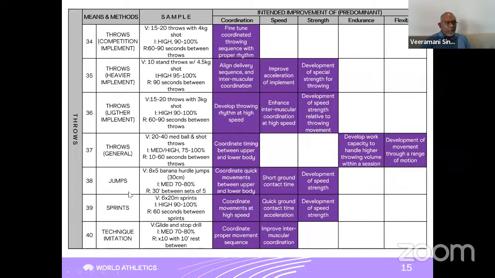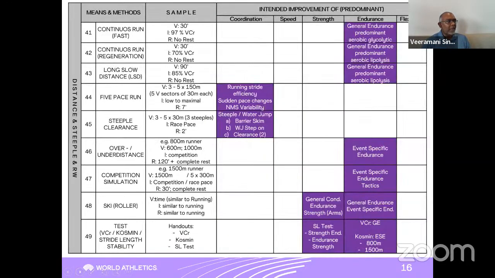Jumps is also a good form to maintain for throwers to manage and go through the thing. Speed, we have seen many of you have written sprints as part of throwers' staple of picking up what we call the conversion of horizontal speed, and technique imitations, where we use the different forms of the whole part whole series again to improve the coordination of proper movement sequence and to improve the intramuscular coordination.